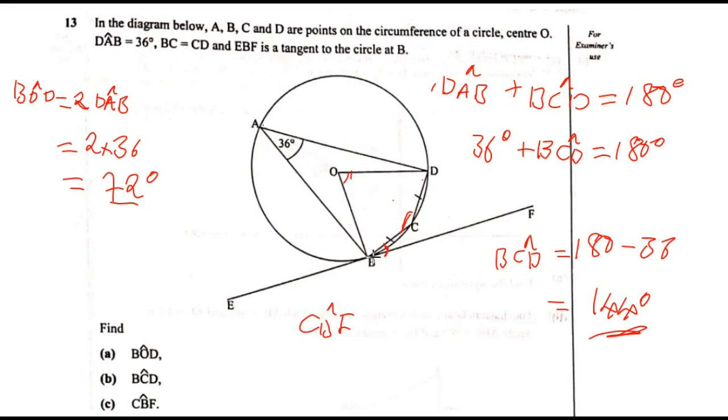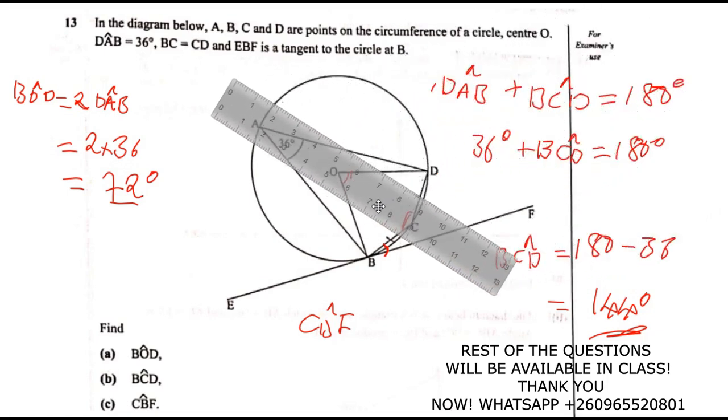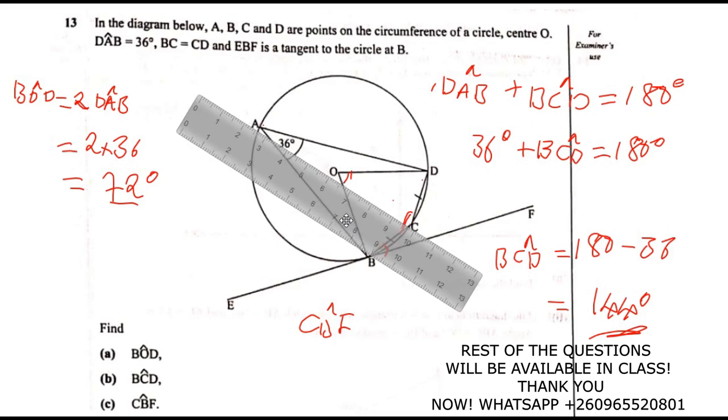Now BC is equal to DC, which makes this quadrilateral more of a kite. If you can see, ABCD is kind of a kite because these two sides are equal. So the only way that will make sense is if you were to cut this kite in two equal parts.